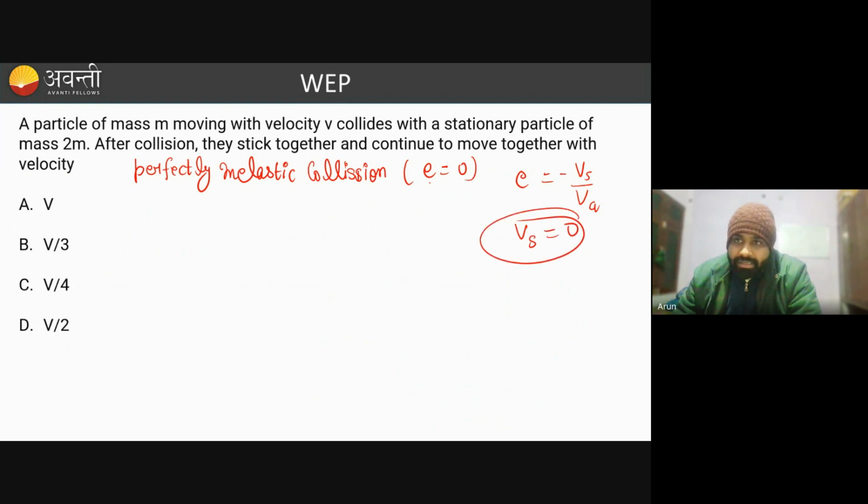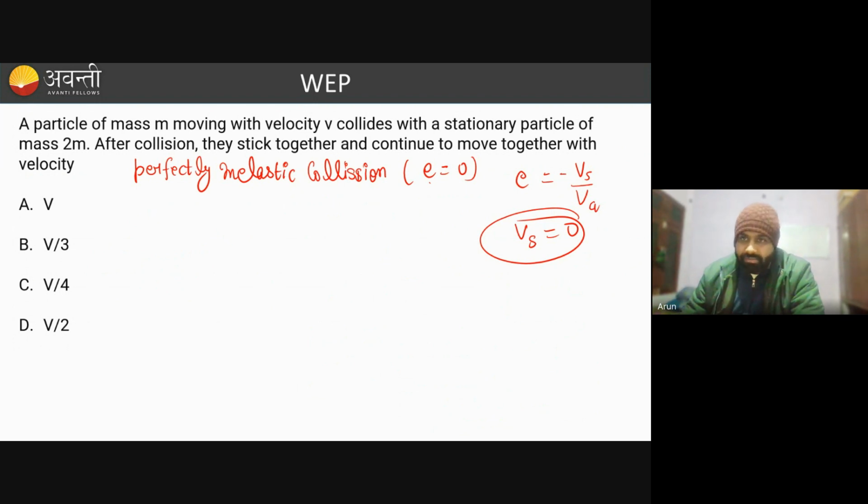Which means now they are moving with the same velocity, or you can say they are stuck together, so they are moving as a single body. Okay, so the relativeness between them is over. Relative velocity of separation becomes zero.